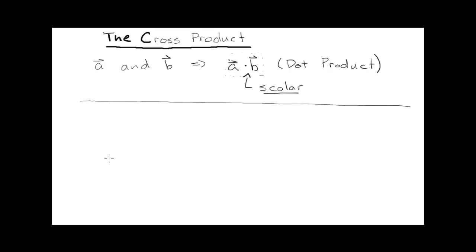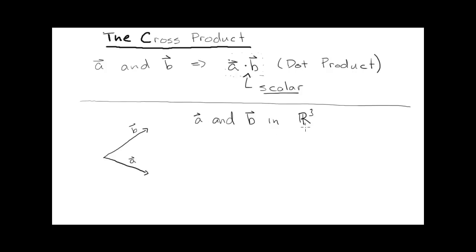So geometrically what's going on is you're going to take two vectors A and B, and these vectors must be in R3. So that's something sort of unique to the cross product.